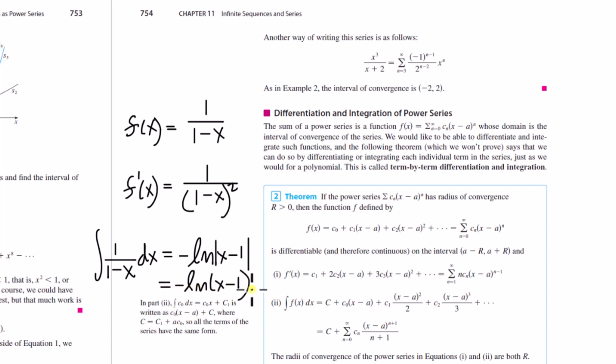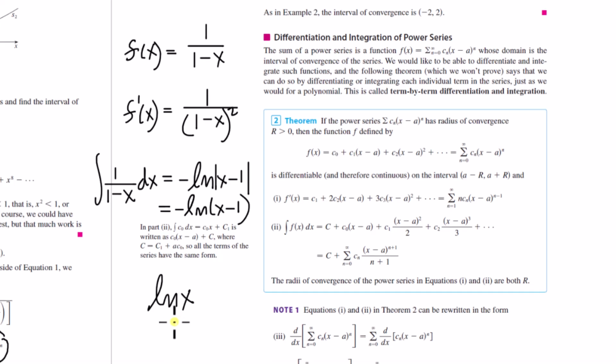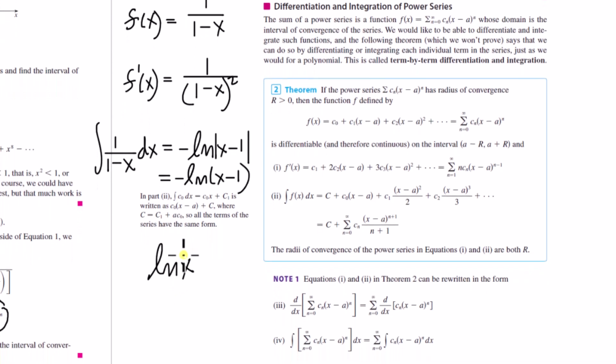The domain of that power series is going to be limited in this case, because this can't be 0 or negative. In the same way that for natural log of x, this is limited. You can't have x be 0 or negative, but this is now x can be anything.